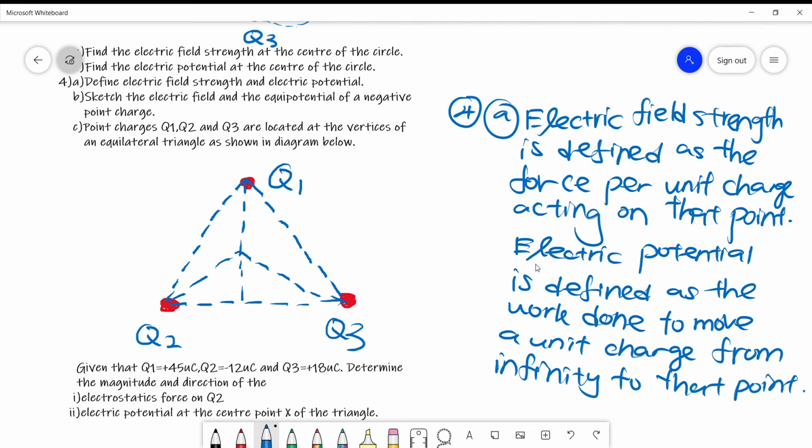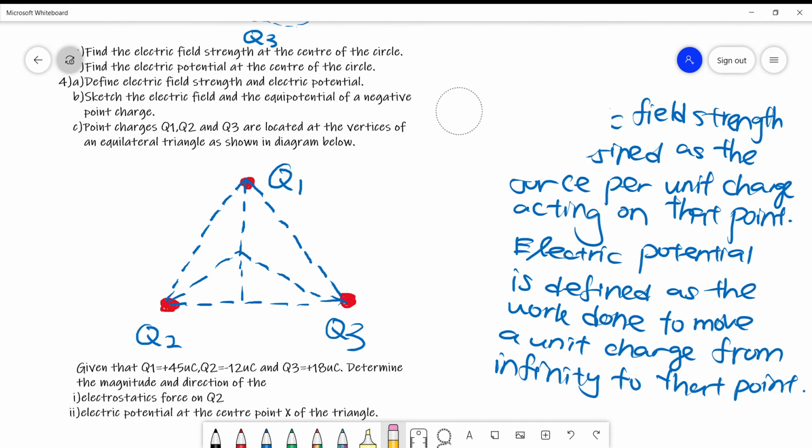So electric potential is actually defined as the work done to move a unit charge from infinity to that point. So the same goes for this statement, that point is actually meant by a certain point in the region of electric field. Okay, so that's it for question number 4a.